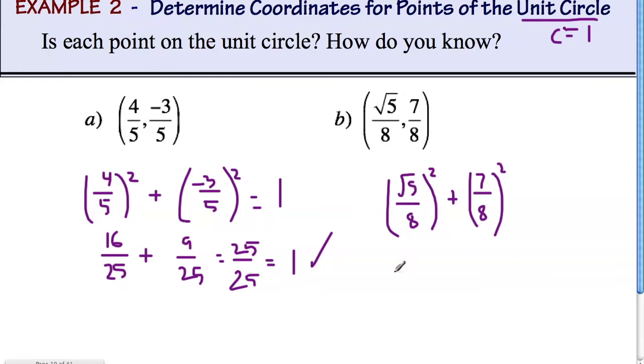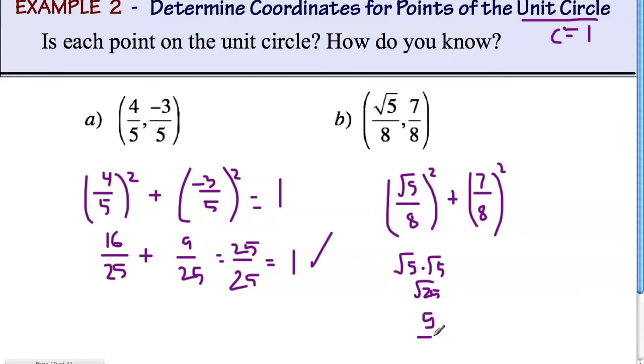So what you're doing right here is you're going root 5 times root 5, which equals the square root of 25, which equals 5.